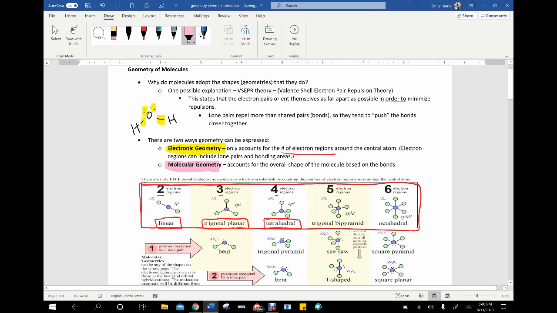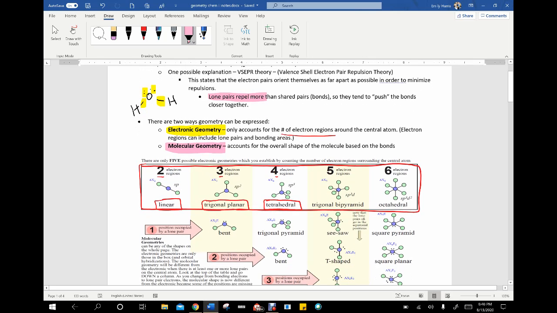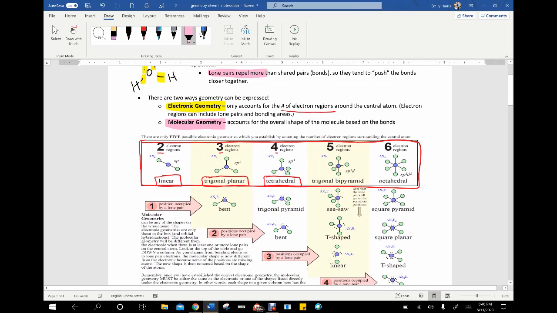And that's where we take into account that second part of the VSEPR theory, that lone pairs repel more. And so it's going to account for that overall shape of the molecule based on the bonds and whether or not they're being pushed down or bent by lone pairs. So while the electronic geometries are reserved to this first row in our table, the molecular geometries can be anything on the chart.